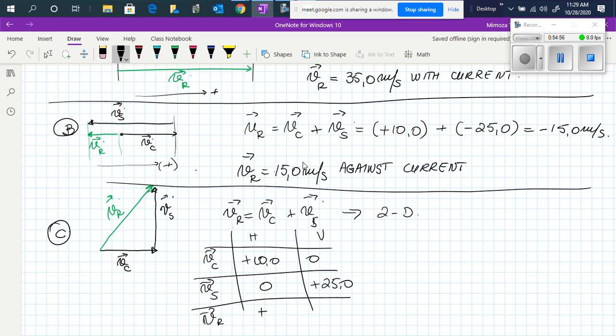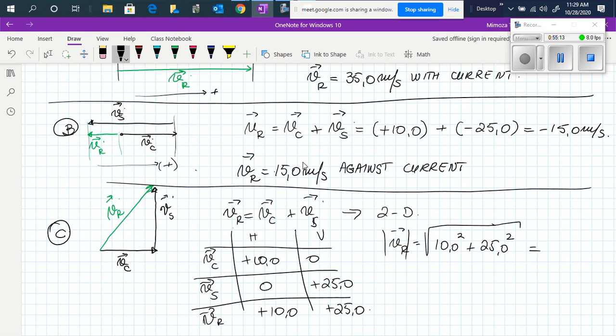So the resultant is positive 10 and positive 25, which tells us that the magnitude of the resultant will be the square root of 10 squared plus 25 squared.